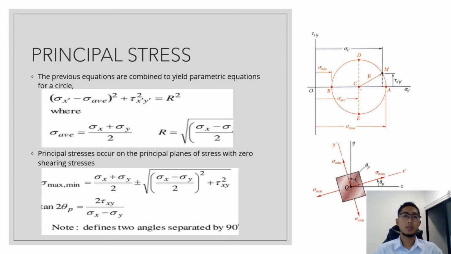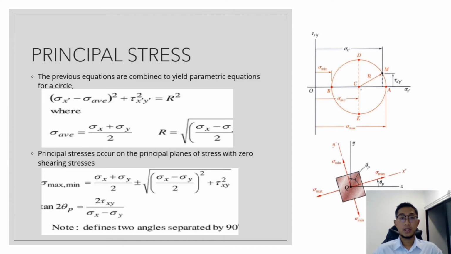The previous equations are combined to yield a parametric equation for a circle. So for this formula, as we can see on this slide, (sigma x prime minus sigma average) squared plus tau squared x prime y prime is equal to r squared, where sigma average is equal to (sigma x plus sigma y) divided by 2.